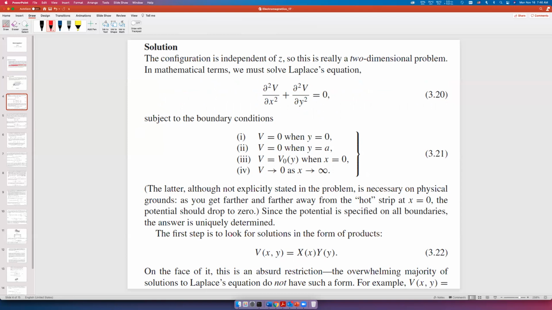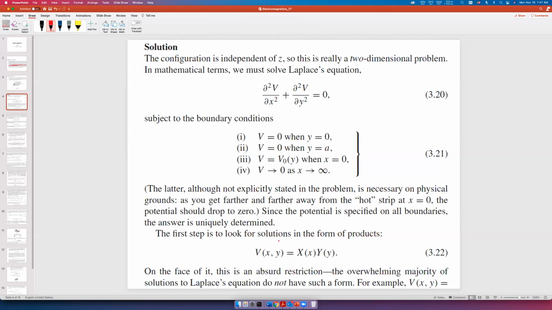Now the first step is to look for solutions in the form of products, as we said at the beginning. We want to find solutions which are products of several functions, and each of the functions is independent of the other variables, depending only on one variable.